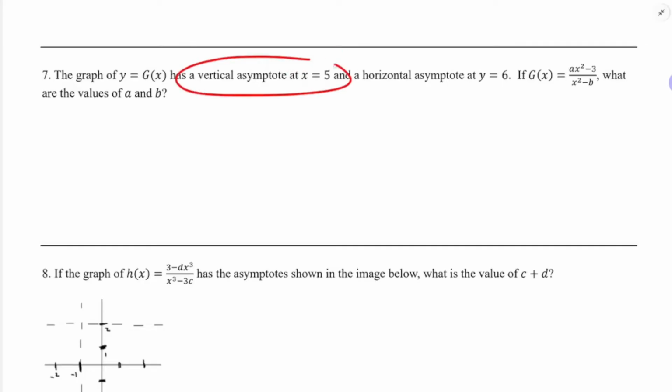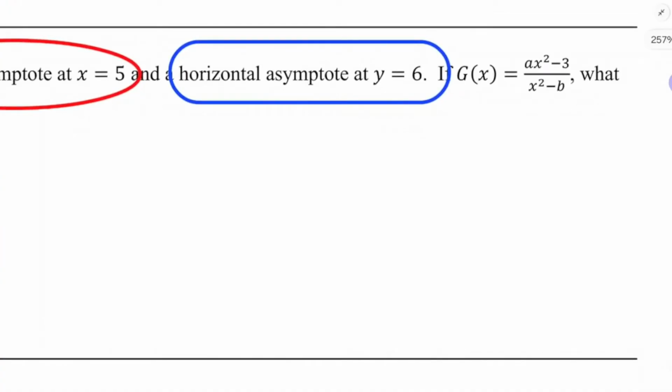Okay, so what's going to tell us about the horizontal asymptote is the ratio of leading coefficients I see, because they're both x squared over x squared. So I'm going to say a over 1 equals 6. So that's just going to be a equaling 6.